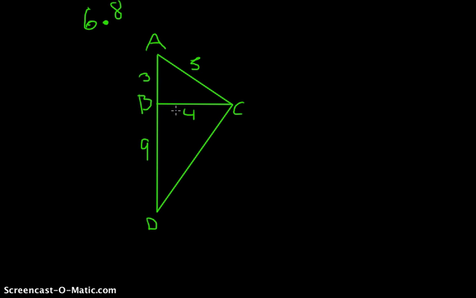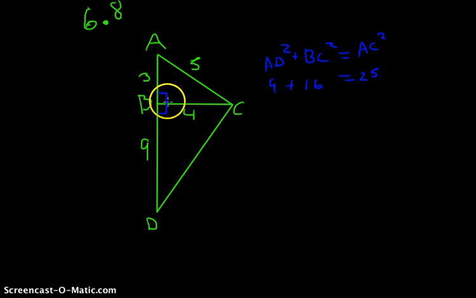So you can just plug this in and ask, is AB squared plus BC squared equal to AC squared? 3 squared plus 4 squared, 9 plus 16, is in fact equal to 25, which is 5 squared. So we know that this is a right angle, which means this has to be a right angle too, because you have 180 degrees and 90 plus 90 is equal to 180.